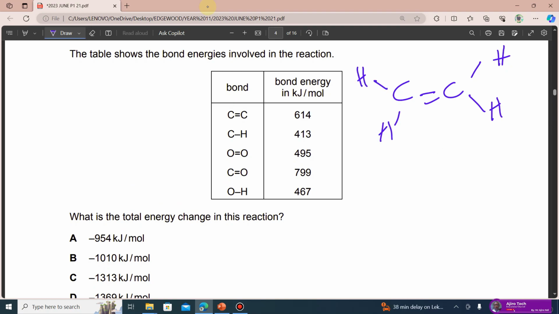So if this is the ethene structure, pick your calculator and follow through. From the C=C bond, we have just one carbon double bond for the ethene.